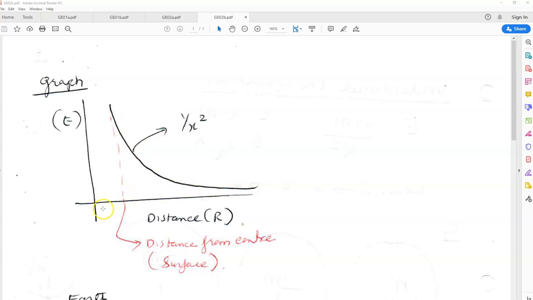If you think this is the center of the mass, then this point is the surface of the mass, so the value here is the value of the gravitational field on the surface. This is the curve you should remember. If you know the gravitational field is inversely proportional to x square, then in math you know how to plot the graph for 1 over x square, which is something like this.